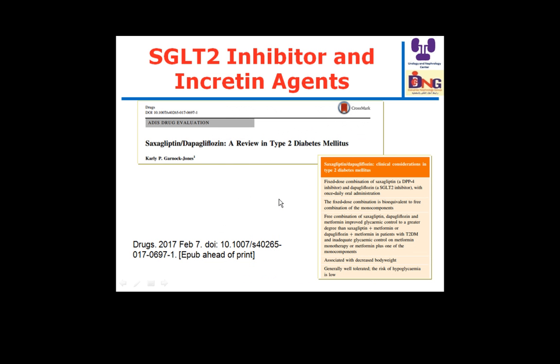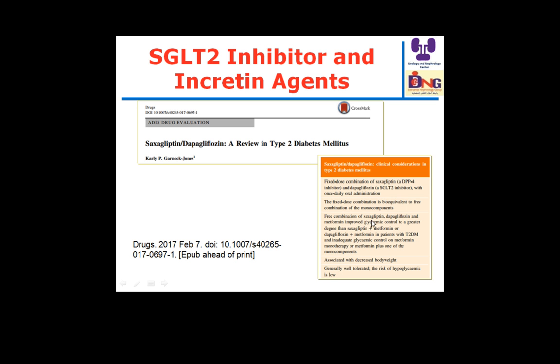And this is why saxagliptin and dapagliflozin, this combination, in a fixed dose combination of saxa as a DPP4 inhibitor and dapa as sodium glucose cotransporter 2 inhibitor with once daily oral administration, the fixed dose combination is bioequivalent to free combination of the mono components.